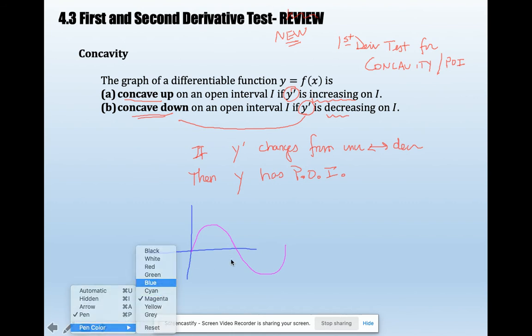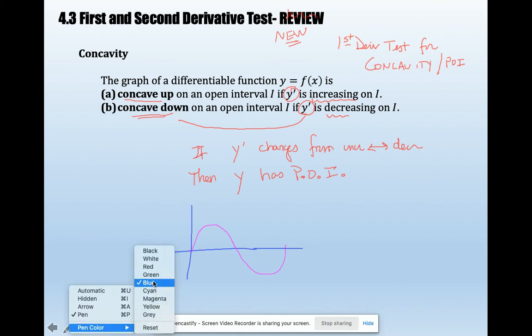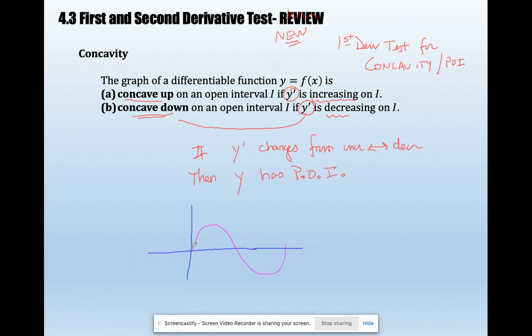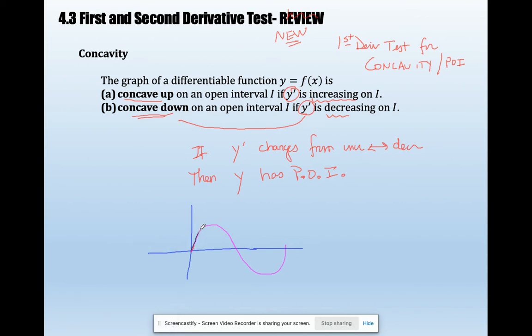There's our nice sine function. Tangent lines are increasing. I'm sorry, tangent lines are decreasing. 10, 5, 3, 2, 0, -1, -2, -3, -2, -1.